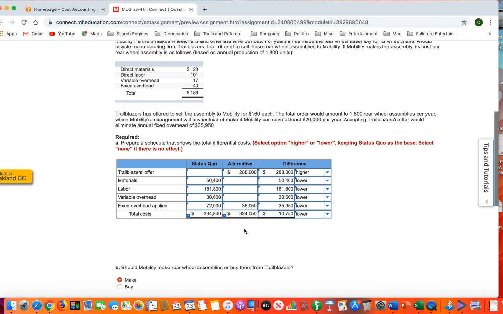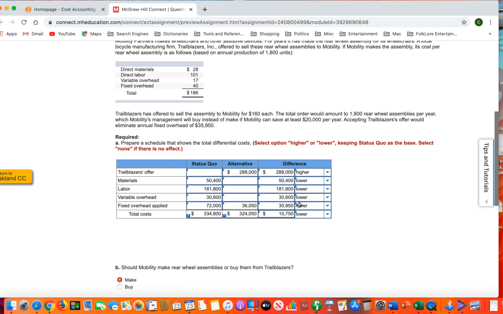Okay? So should you make or buy? Well, you look here. And the answer is no. This is your total cost right now. But what are you selling it for? What is the price?